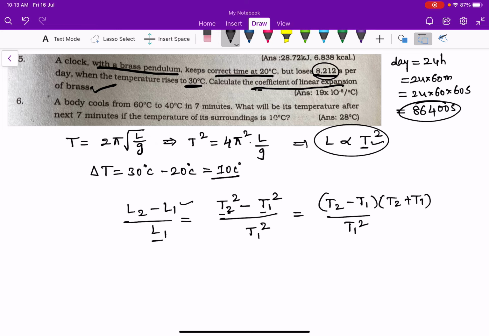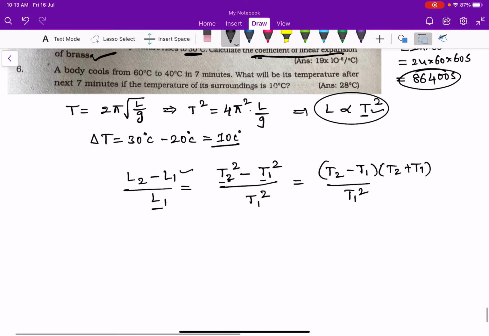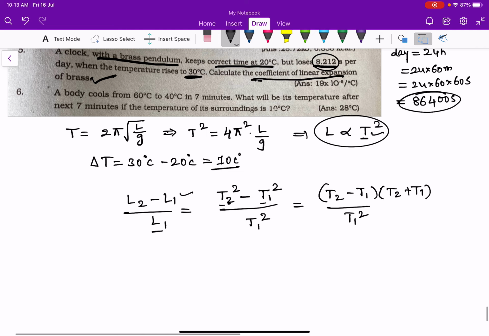For one day the decrease in time is 8.212 seconds. So for one oscillation, the decrease in time is how much? 8.212 divided by 86,400, which is very, very small in comparison. So I can write T1 plus T2 as 2T1.